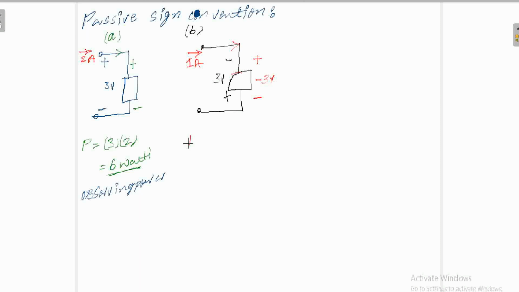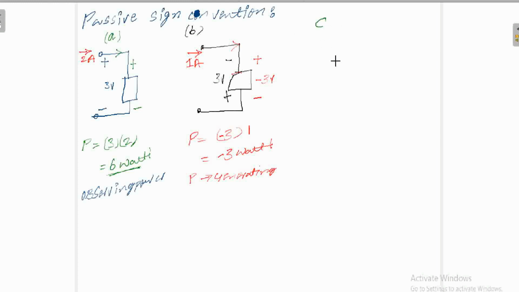Now the power is equal to voltage, minus 3, and the current is 1, then the power we got is minus 3 watts. Now tell me what type of power it is? This element is generating power, minus 3 watts.